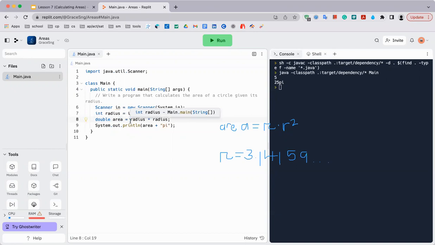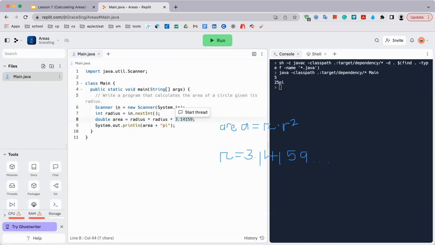Now here, radius times radius remains the same. However, now we want to multiply the integer part by pi. So there are two ways to go about this. One is you can kind of just take the first few decimal places of pi and literally stick it in there. Now, this isn't as precise, and so there's a more precise way to do this.